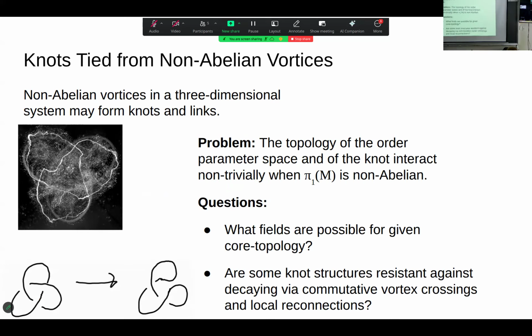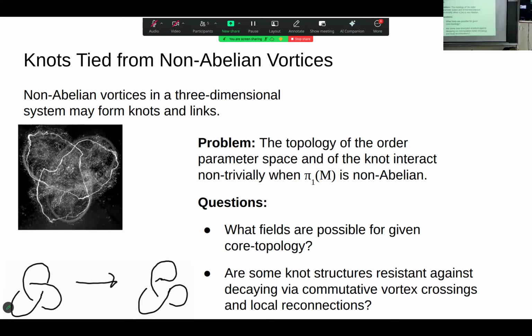Right. So core topology just means I fix some sort of a knot, and I understand what kind of vortices can be around that knot, what kind of fields you can make around that knot.